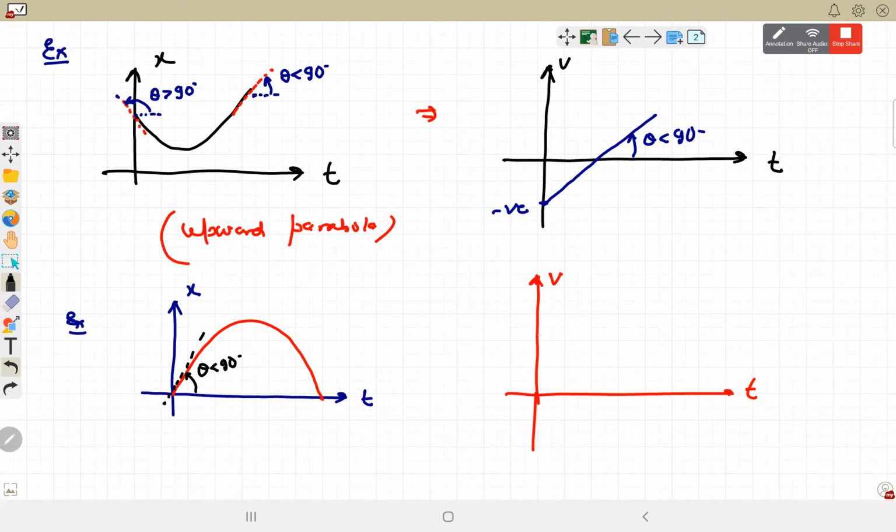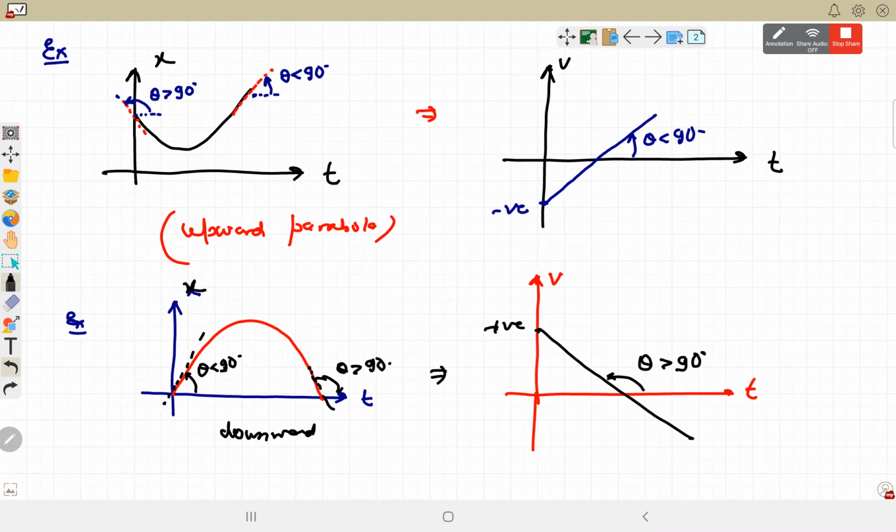It will start from some positive value and end at some negative value, because now the angle is greater than 90. Downward parabola, negative slope line; upward parabola, positive slope line; and for the initial point and final point, we have to check where the graph will start and where it will end.